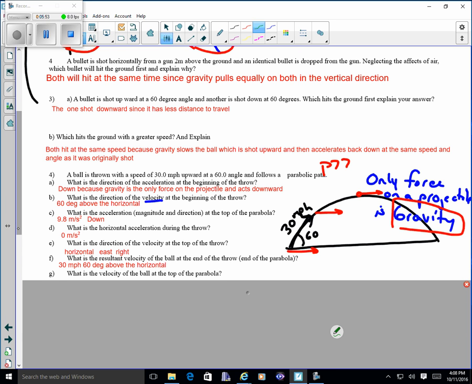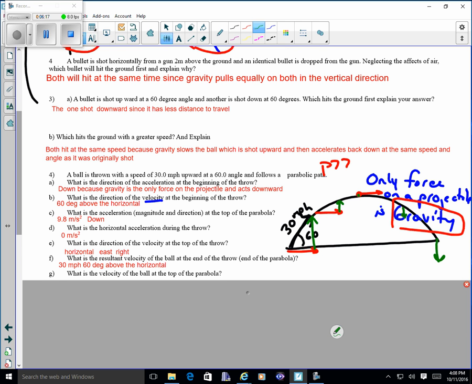So that's because gravity is slowing the ball as it goes up. And so the green lines get smaller because the velocity is going down. As they come down the other way, the green lines get bigger because it's speeding up. But the red lines are always the same length because there is no horizontal acceleration as long as there's no air. So the answer to part D is 0.